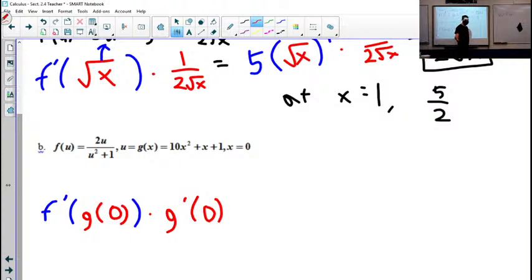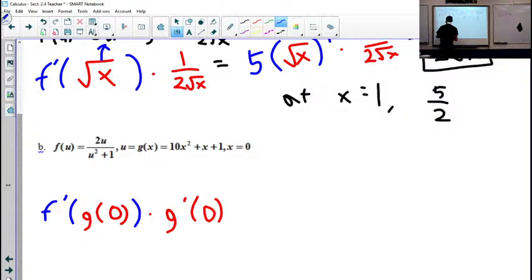The first way to do it is to find a general derivative and then plug in 0, which is what we did in the last one. The other way is to do it with the numbers and plug in 0 from the start. Let's take a look at what that looks like.